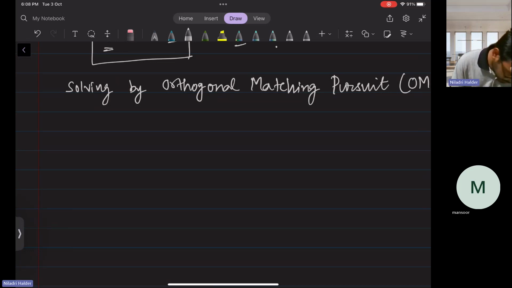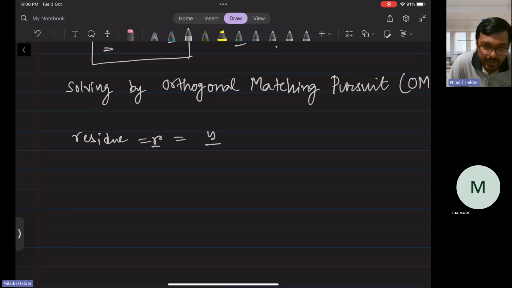In the OMP algorithm, at the beginning we need to set the residue, R. We set the residue equal to the observation y. So this is the first step: residue R equals y.